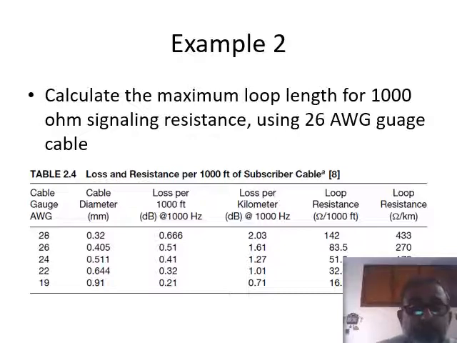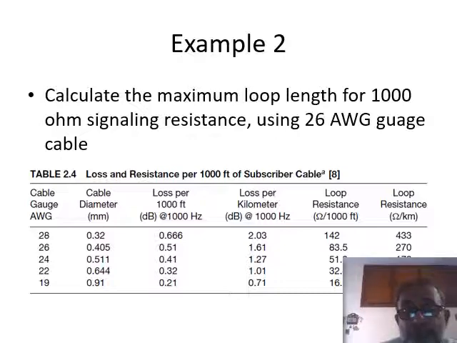So the trick in this problem is that we need to know that if we get a certain value, for example 0.319, should we go for 22 American wire gauge? No, we cannot.